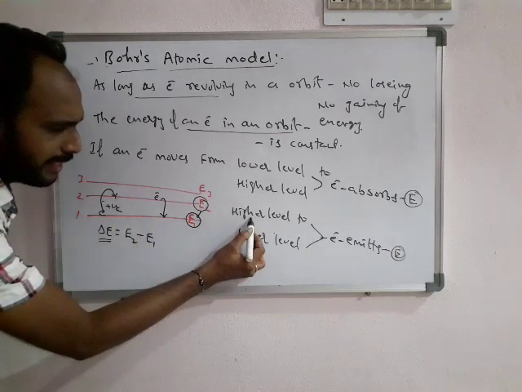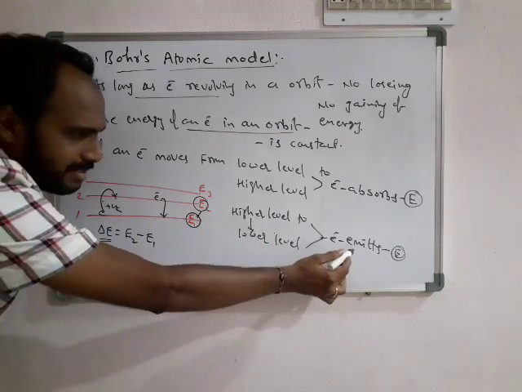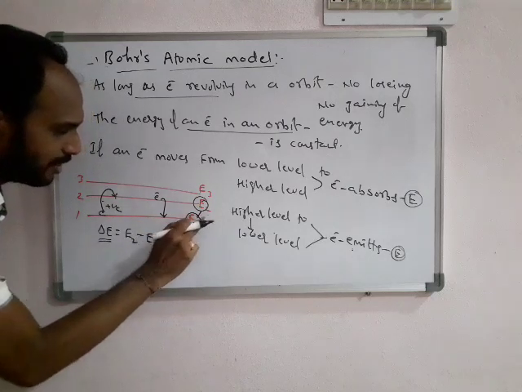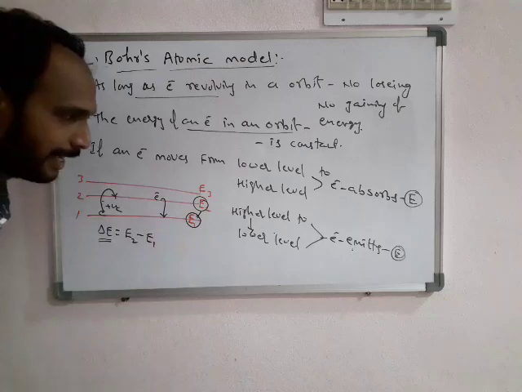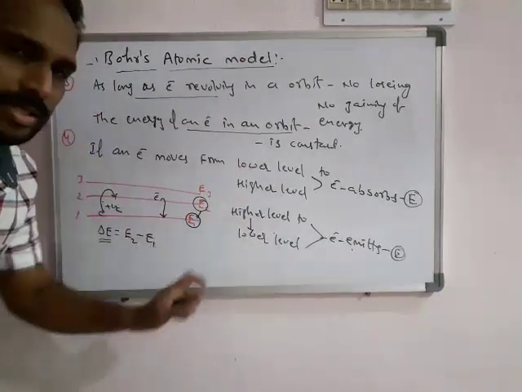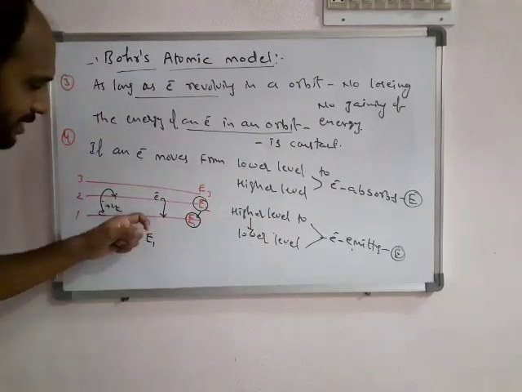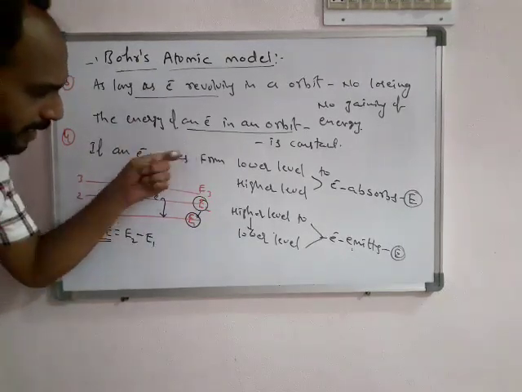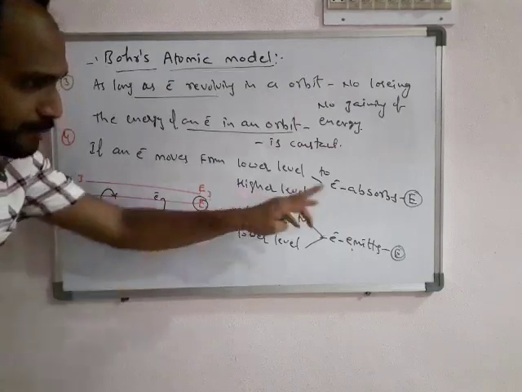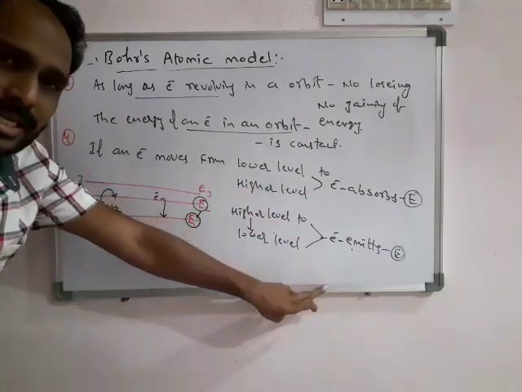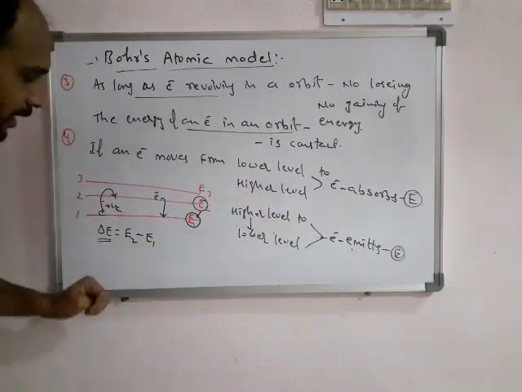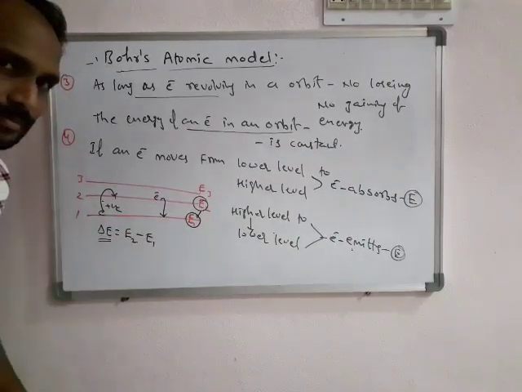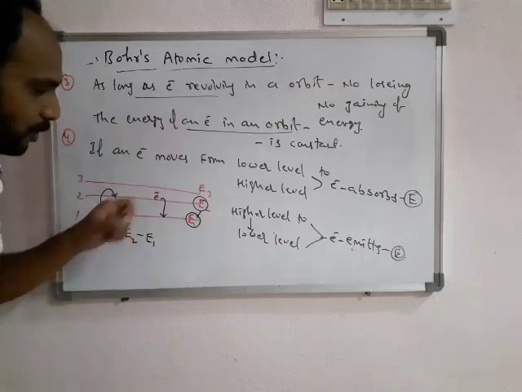When it comes from a higher level to a lower level, it emits some energy. అంటే ఎంత ఎనర్జీ ఎమిట్ చేస్తుంది, అగైన్ ఇట్ ఈస్ ఈక్వల్ టు E2 మైనస్ E1. అంటే అబ్జార్బ్ చేసిన ఎమిట్ చేసిన డ్యూ టు ద ఎగ్జైటేషన్ ఆర్ డి ఎగ్జైటేషన్, లోయర్ లెవెల్ నుంచి హయ్యర్ లెవెల్కి వెళ్ళినా హయ్యర్ లెవెల్ నుంచి లోయర్ లెవెల్కి వచ్చిన అబ్జర్వ్ చేసే ఎనర్జీ నథింగ్ బట్ ఎమిట్ చేసే ఎనర్జీ ఈజ్ ఈక్వల్ టు the energy of the difference in the energy of that two levels.